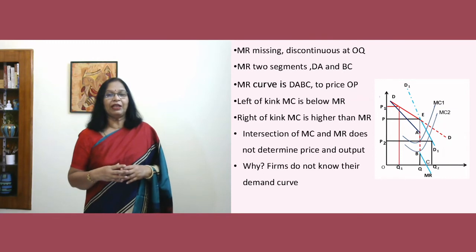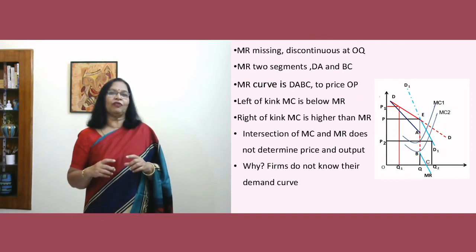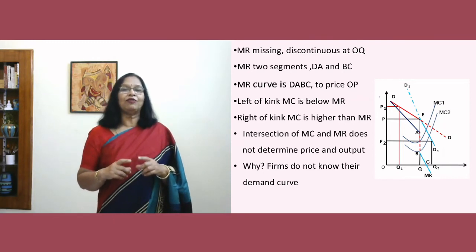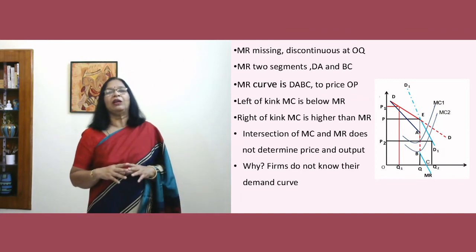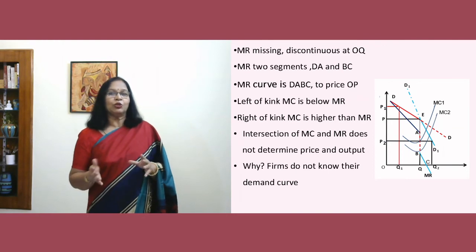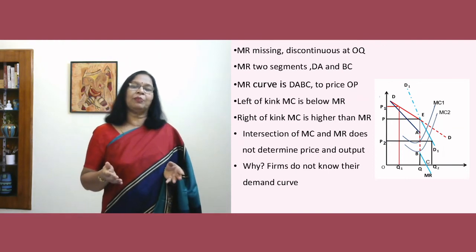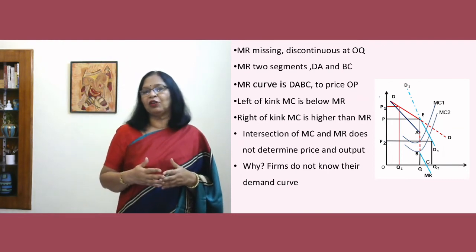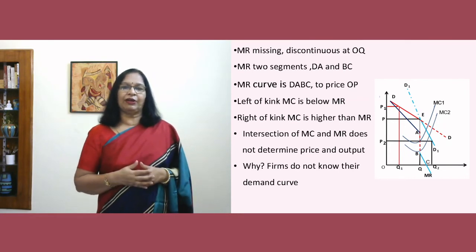It can happen that even though the cost has increased, the firm will have to absorb a part of the cost rather than pushing that cost onto the price of the produce. So the firm is not able to raise the price but has to bear a part of the cost, if at all the cost has increased.